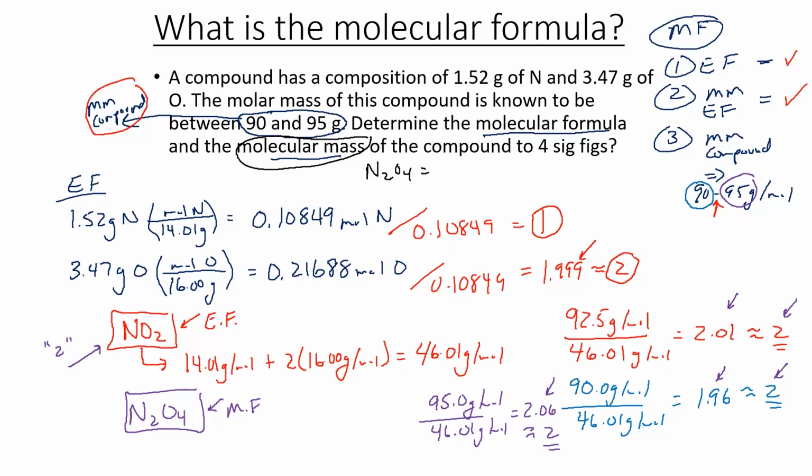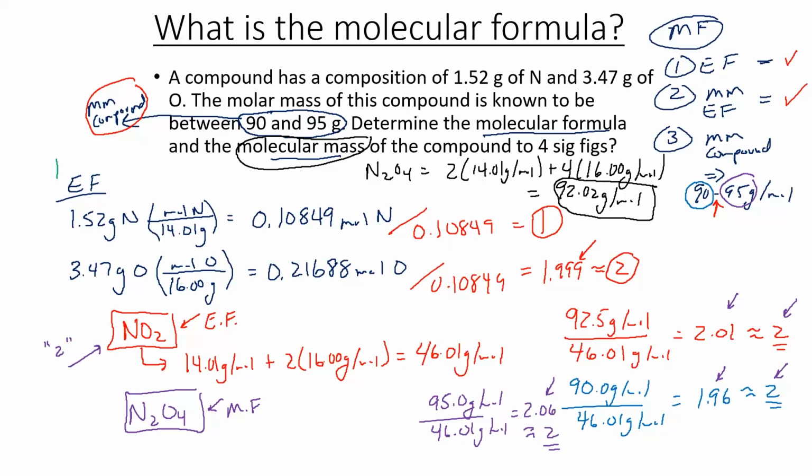And we'll do that 2 times 14.01 grams per mole for our 2 nitrogens, plus 4 times 16 grams per mole for our 4 oxygens, giving us a molar mass of, let's see here, 92.02 grams per mole, which as we see is fairly close to our middle number that we chose originally. So this is our true molar mass to 4 significant figures in this case.